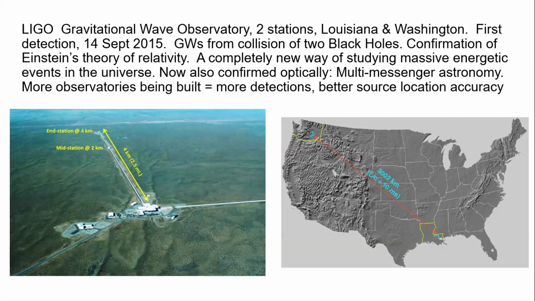That would only be the case if the source was directly above the halfway point in between them, but because the signal was coming in at an angle, they allowed for the fact that it would take very, very slightly longer to reach that station compared with that station. They were able to determine that it was from the same object. And there was also a detector in Italy which confirmed it; it wasn't quite so sensitive, but it was able to confirm it.